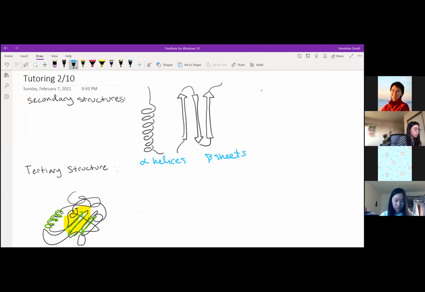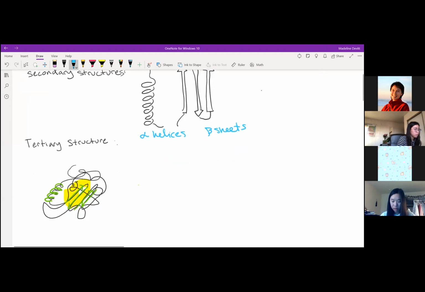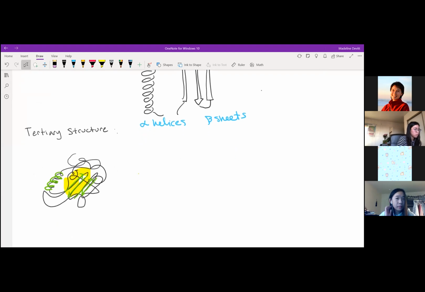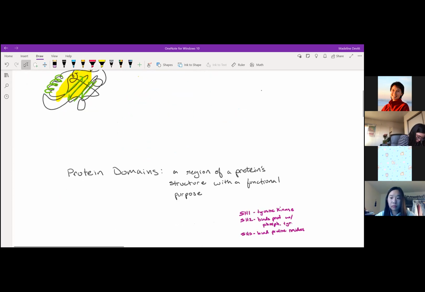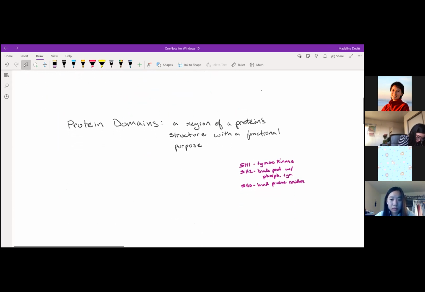We've also discussed tertiary structure, where we have the overall protein fold, and the formation of a hydrophobic core that drives protein folding. Now I'm going to discuss a little bit about protein domains. A protein domain is a region of a protein structure that has a functional purpose.